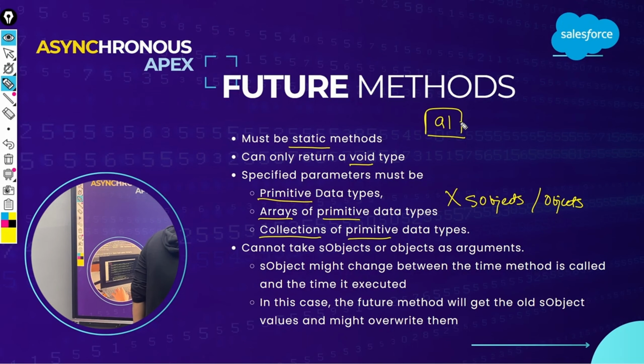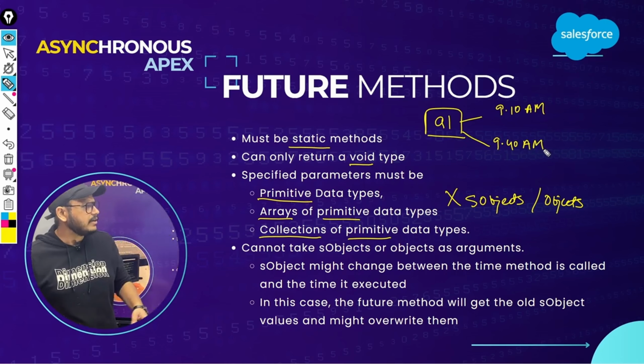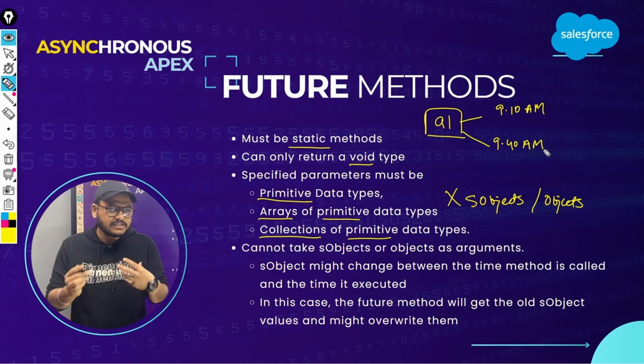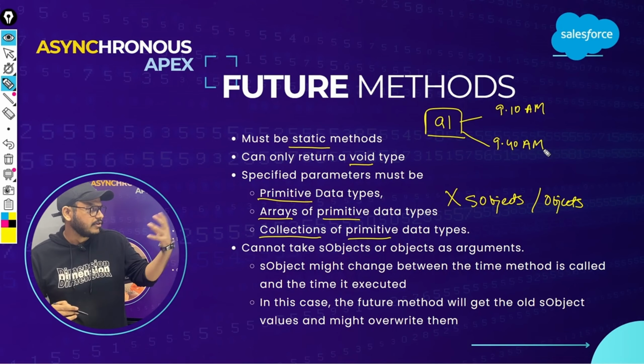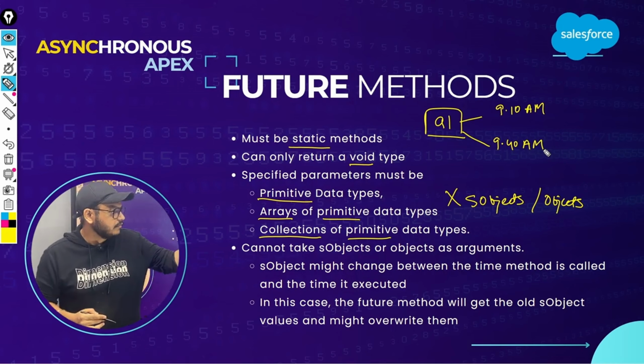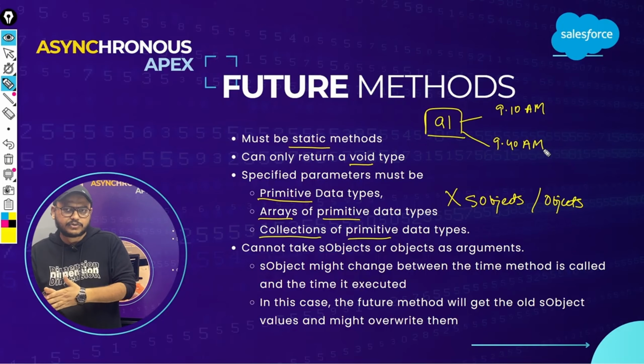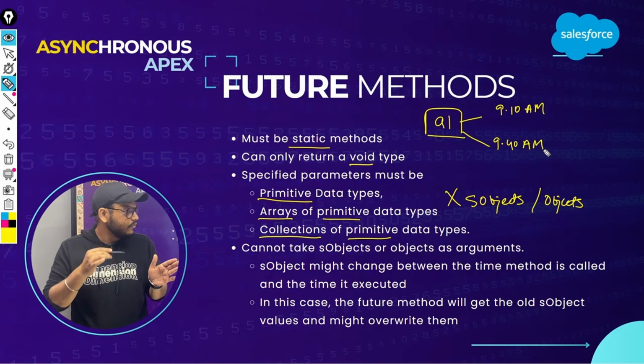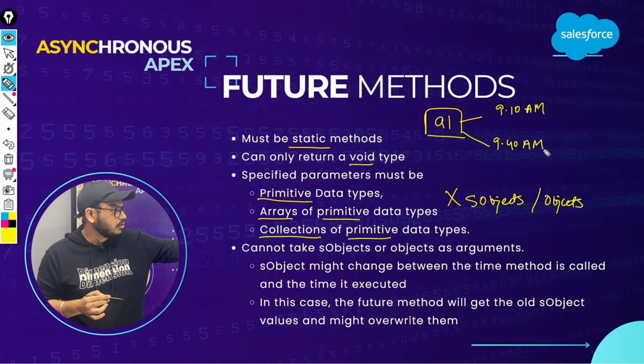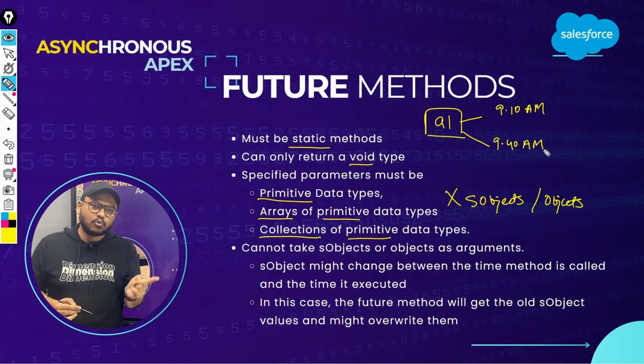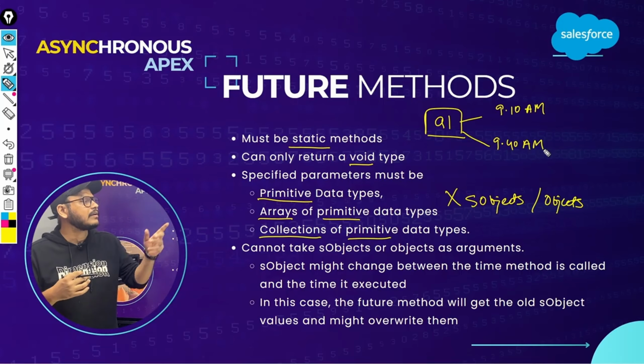So let's say my future method got called at 9:10 a.m. and it actually got executed at 9:40 a.m. There is a possibility that the value in the A1 can change between these two times, between 9:10 when it was actually called versus 9:40 when it got actually executed. Now, what will happen here? Your record will still work with the old value and it will override the new value.